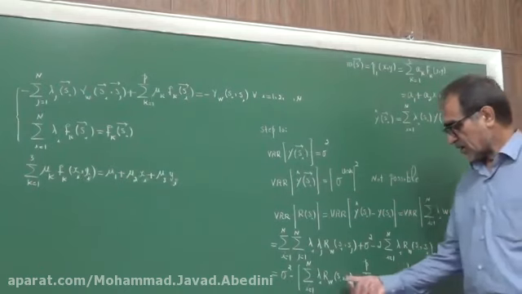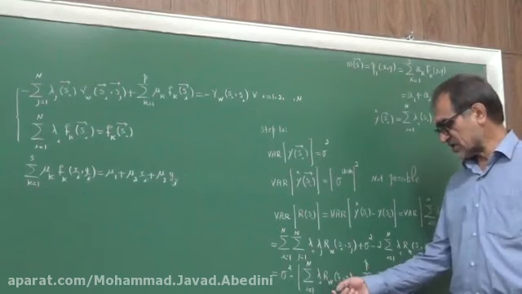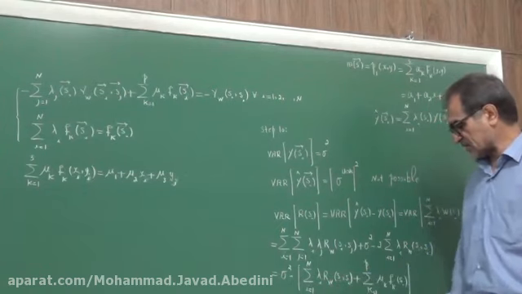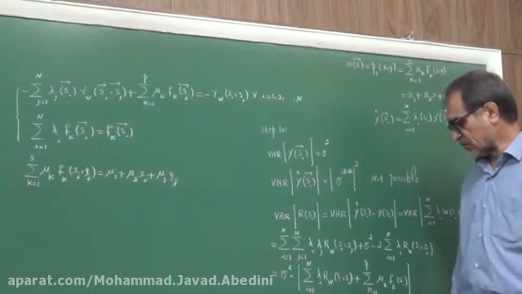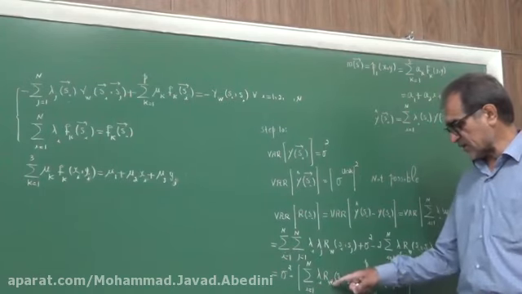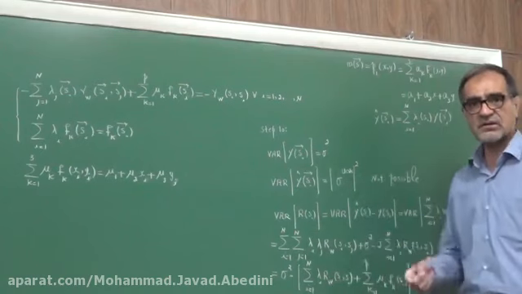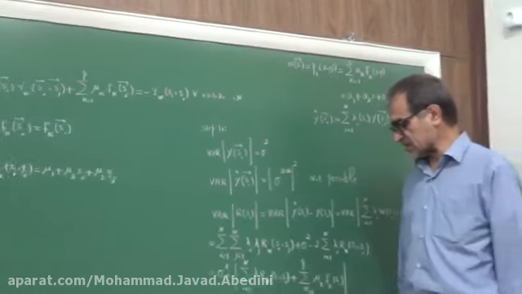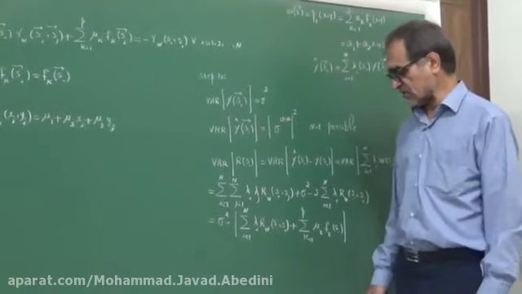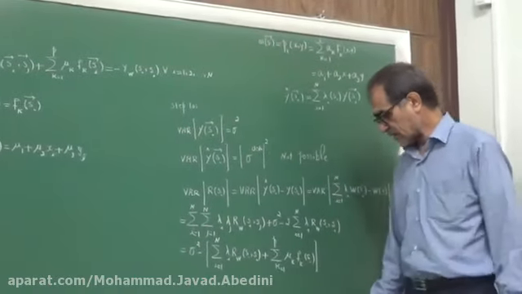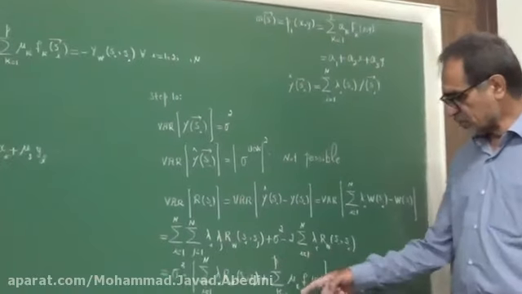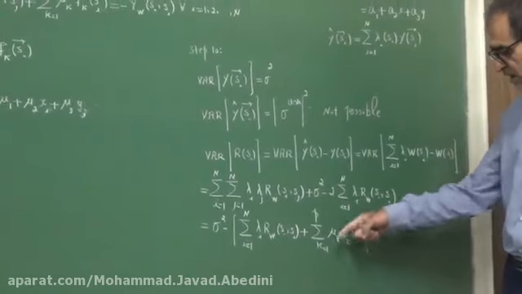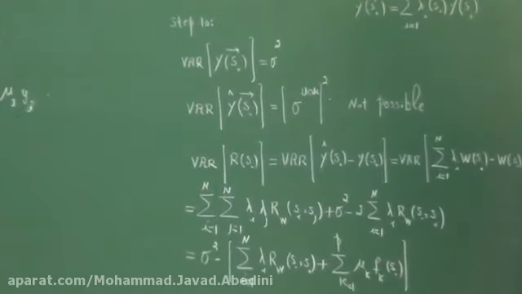See? The only change that you have to make if you want to have constant and unknown mean is to replace this W with nothing, just R. Because if your m is constant, then R sub W is the same as R sub Y, and R sub Y is the same as R. And then when it comes to this part, if p equal to 1, then f sub k is 1, and then you are going to have mu1.